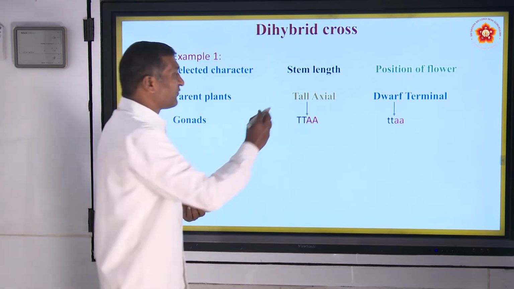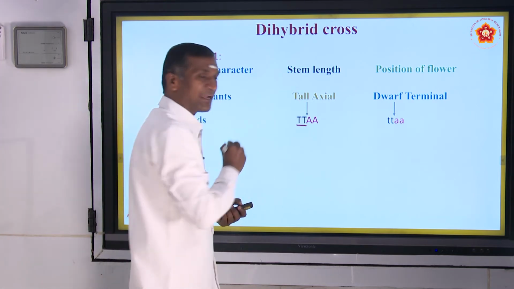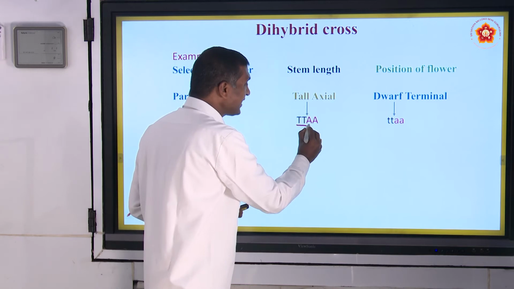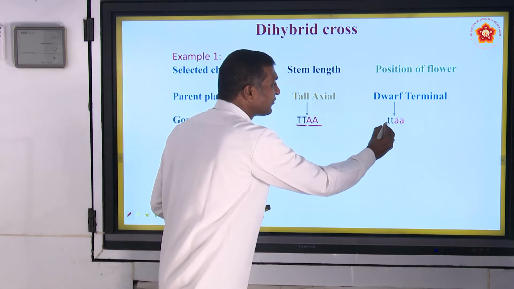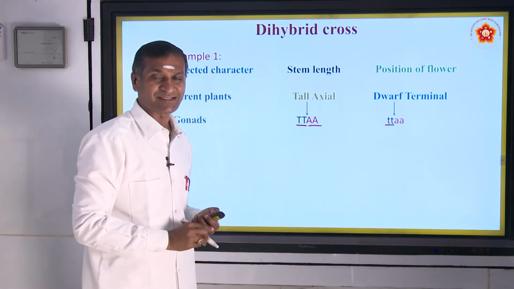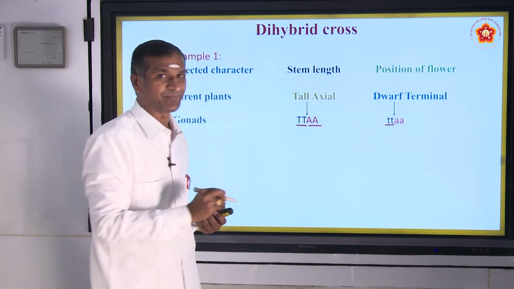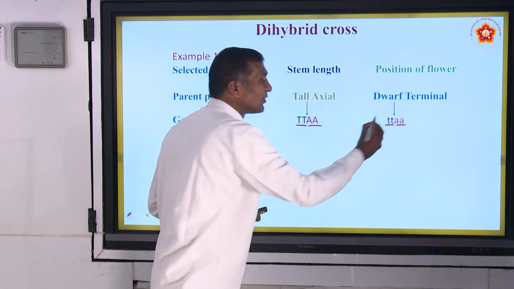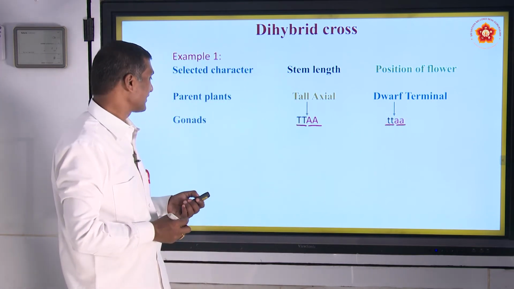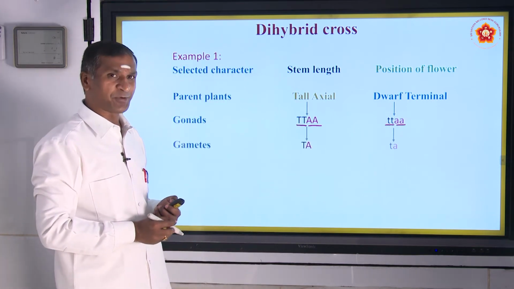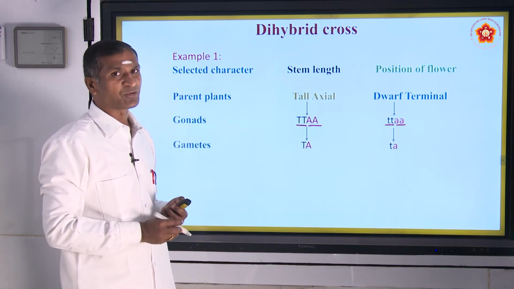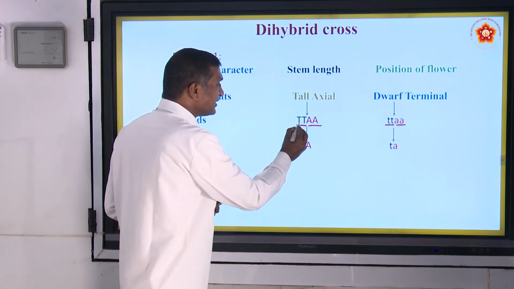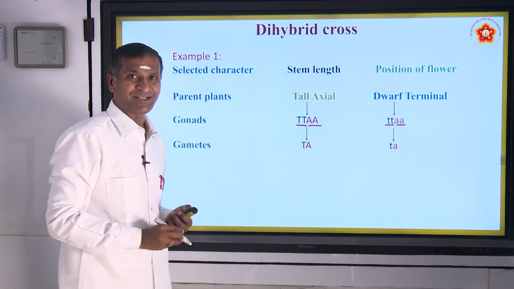Gonads, for tall capital T and for axial capital A. Dwarf small t, since it is gonads you should write diploid, and terminal small a. The gametes that are produced for the zygote formation. Diploid get reduced to haploid.